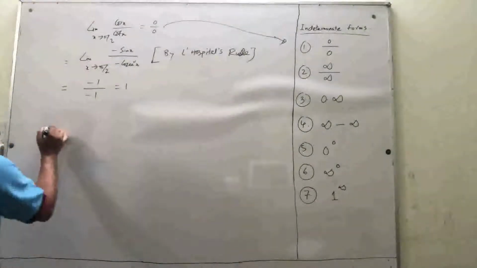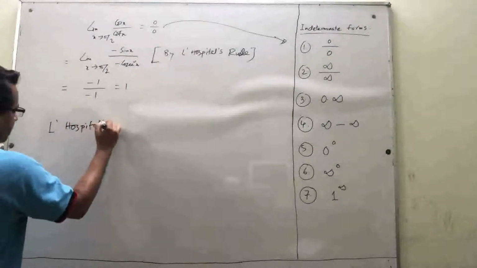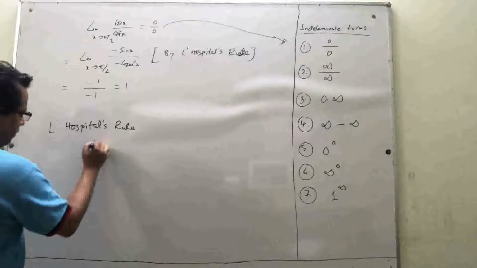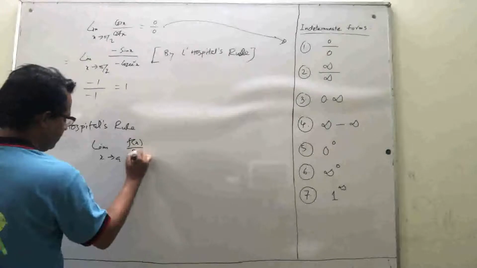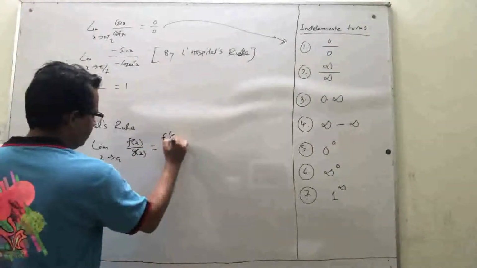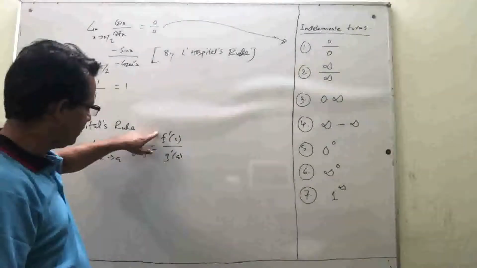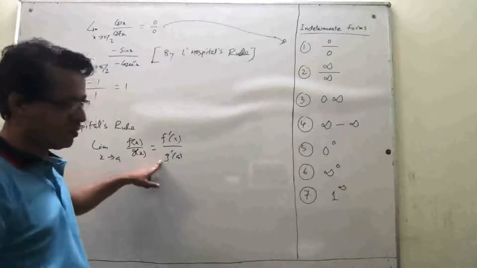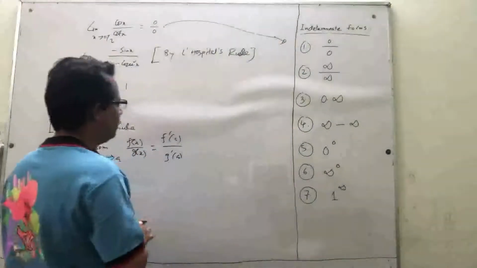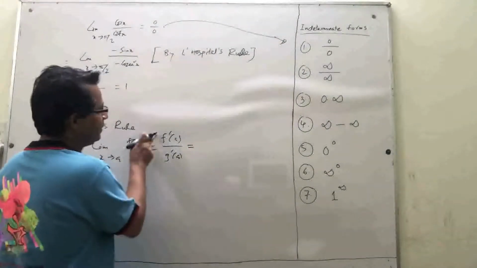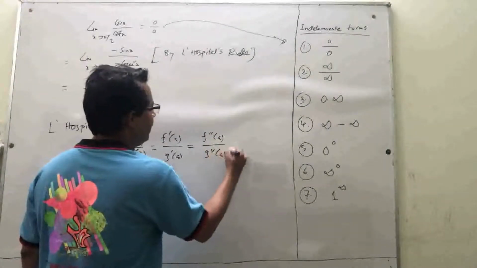Therefore, we can write L'Hospital's rule: limit x tends to a, f of x over g of x equals f derivative at a over g derivative at a. If here f derivative at a and g derivative at a are also 0 or any other indeterminate form, then we will have to again differentiate, giving f double derivative at a, g double derivative at a, and so on.